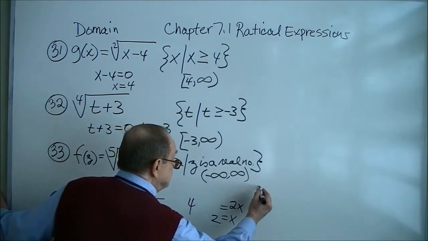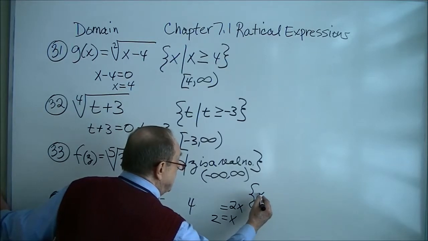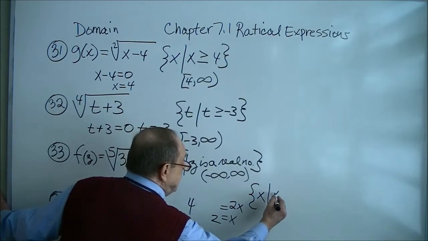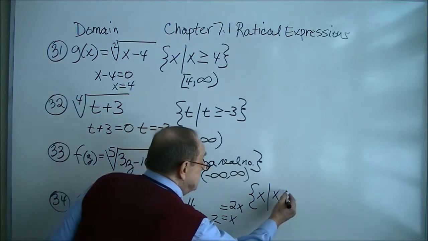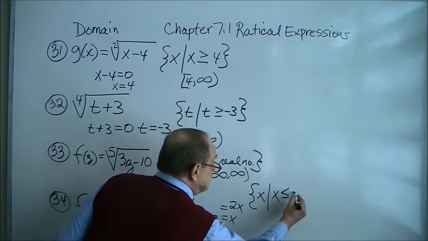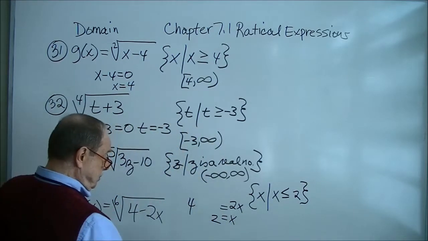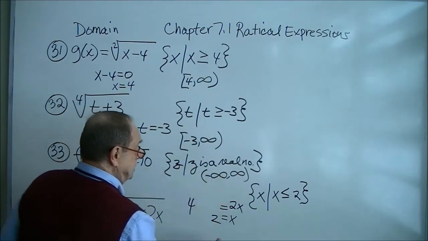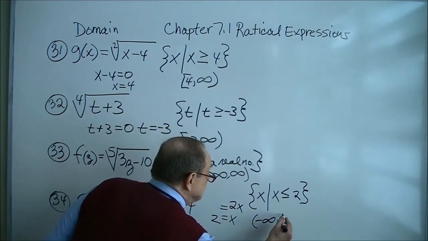In set builder notation first, x is such that x is not going to be greater, but it's going to be less than or equal to 2. And when you put it in interval notation, it's coming from negative infinity up to 2.